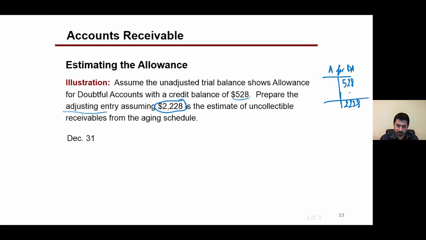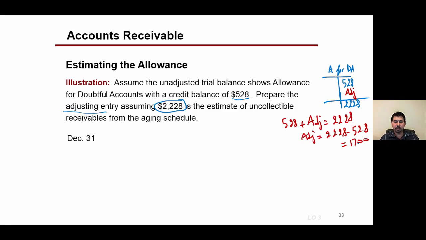We need to calculate the adjustment. So 528 plus adjustment is equal to 2228. As a result, adjustment is equal to 2228 minus 528, and that is equal to 1700.